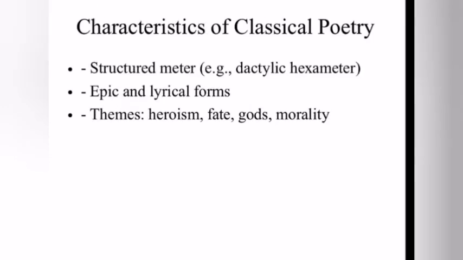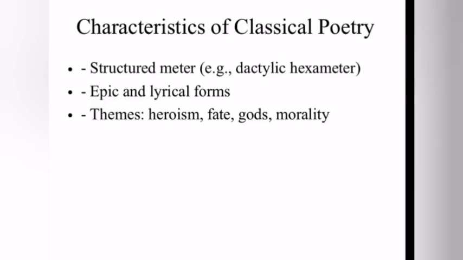Okay. So now the characteristics of classical poetry: we have structured meter. When you hear something is structured, it's following a particular pattern. So that's one of the characteristics of classical poetry. All of them had a particular rule to write by.